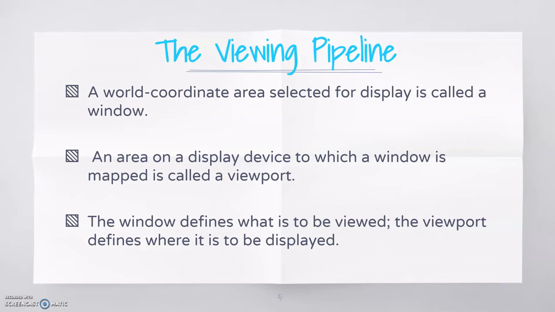So what is to be viewed is defined in a window and where it is to be displayed is defined in a viewport. Windows and viewports are rectangles in standard position with the rectangle edges parallel to the coordinate axes.